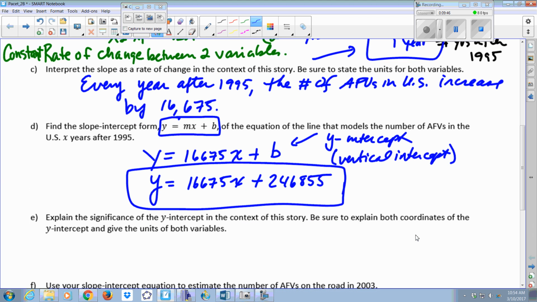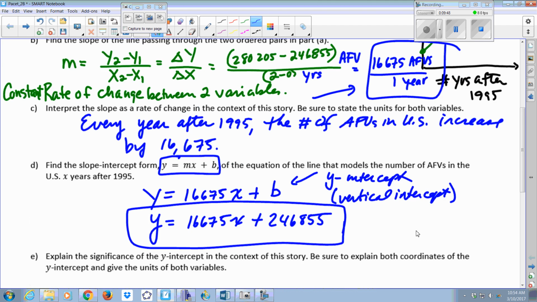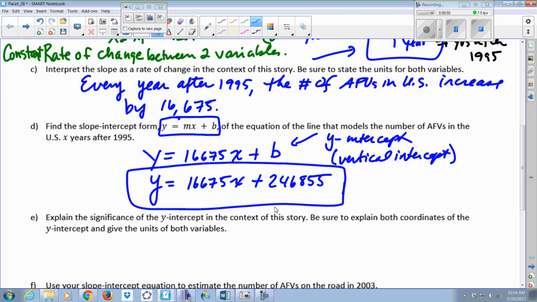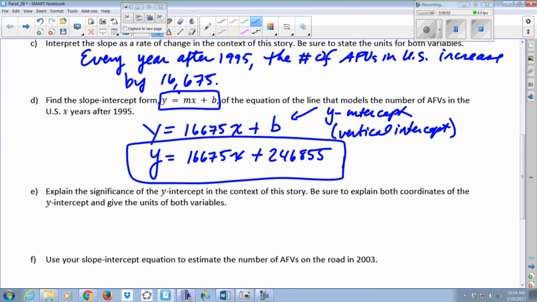All right. Explain the significance of the y-intercept in the context of this particular problem. So our y-intercept is 0, 246,855. So Evan gave us the last sentence, part C. Who wants to tell us what the y-intercept means? James?